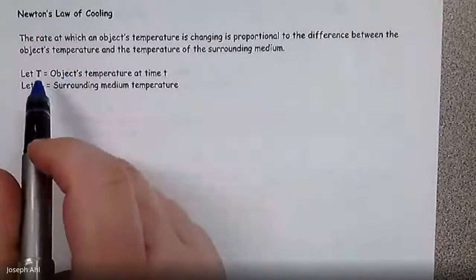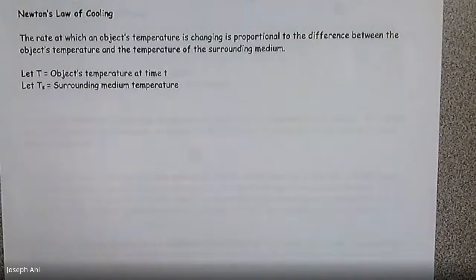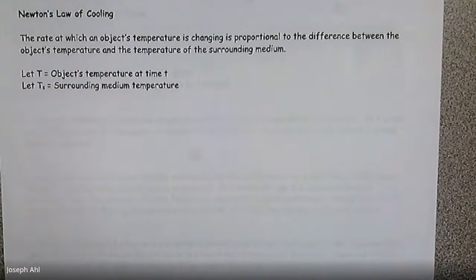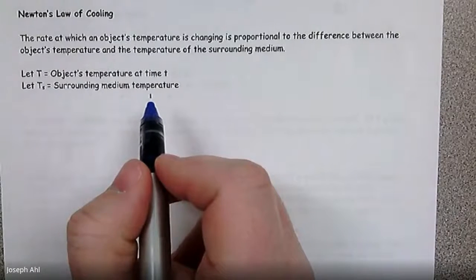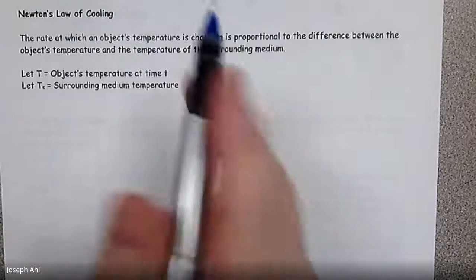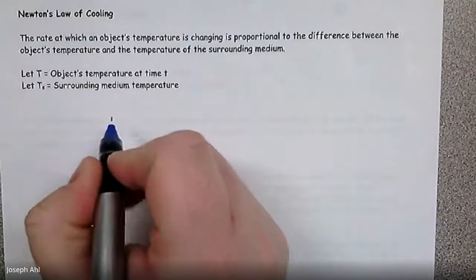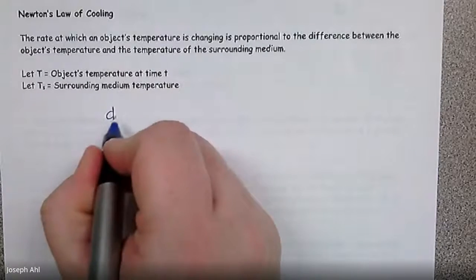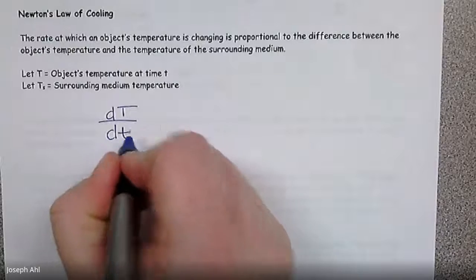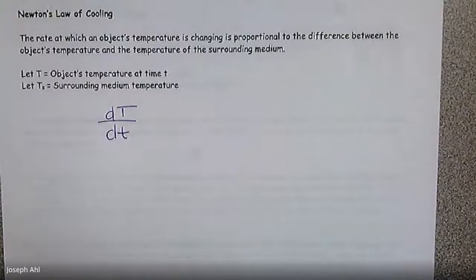Well, first of all, I've defined that capital T is going to be the object's temperature at time t, and then T sub s is going to be the surrounding medium's temperature. So according to Newton's law of cooling, the rate at which the object's temperature is changing. So the object's temperature is capital T. Now, if you love the variable t, get ready for it because there's going to be a lot of t's in this one.